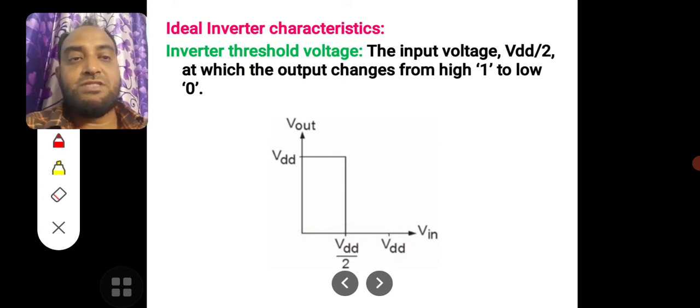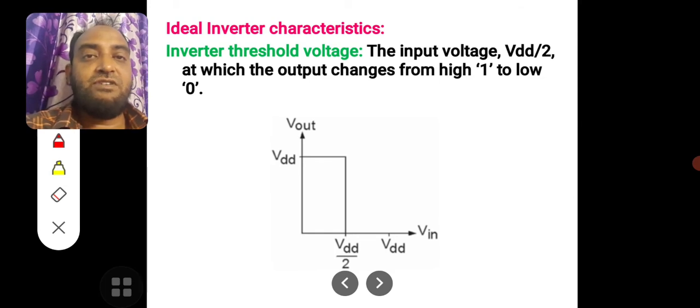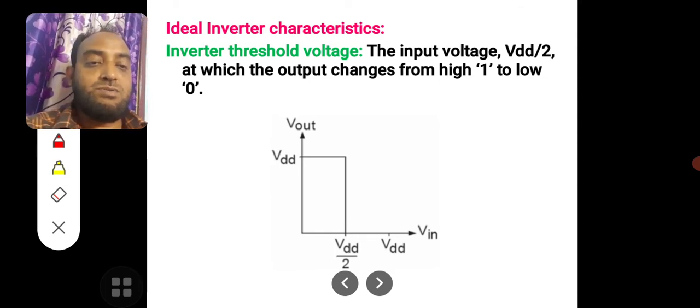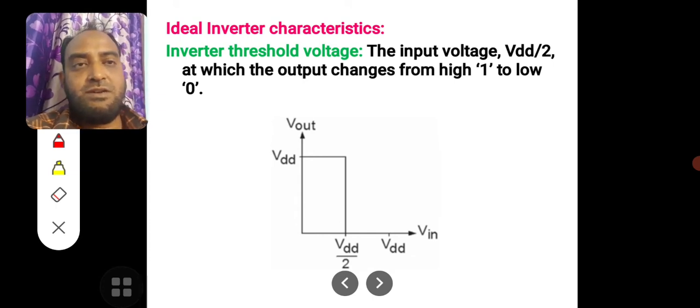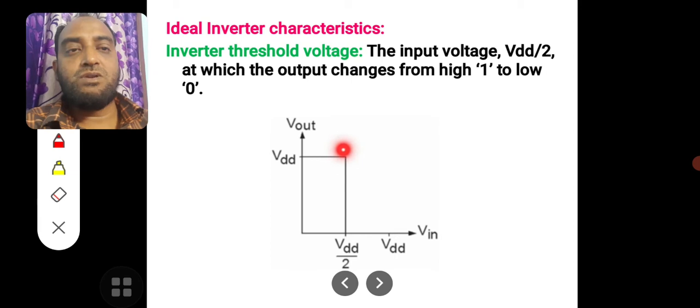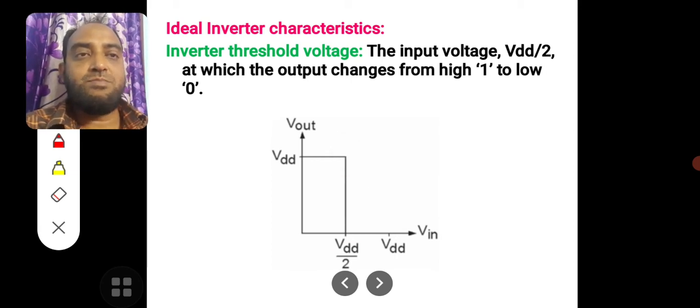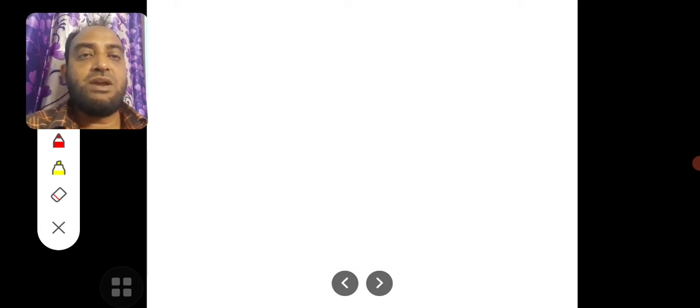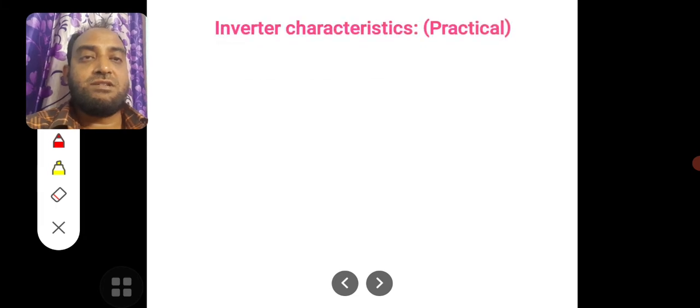That is, when the input voltage is half of the maximum, the output drops to 0. The point at which the output shifts from 1 to 0 is called the threshold point of the ideal inverter.